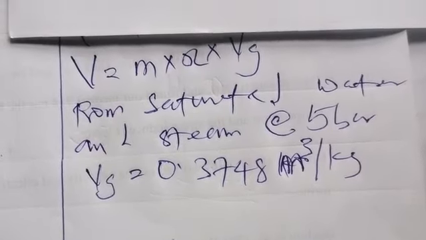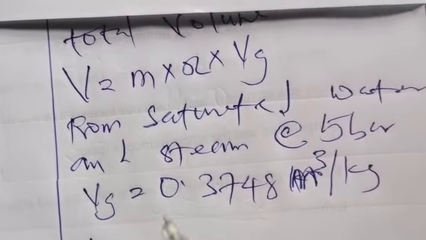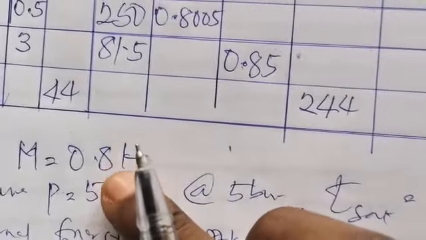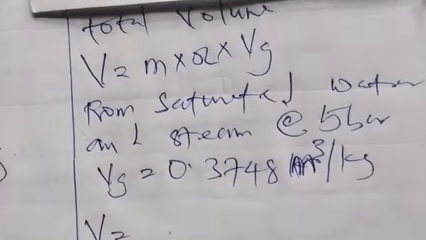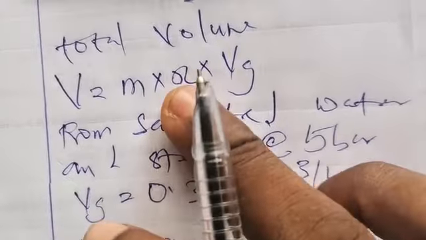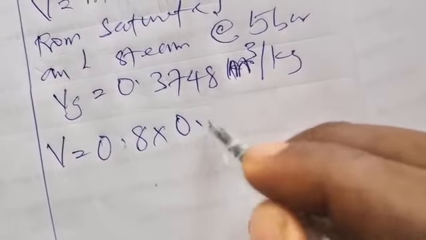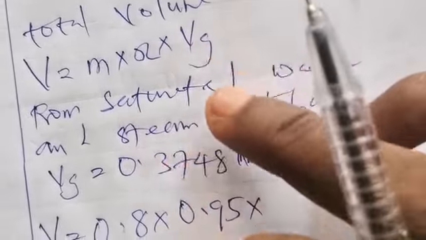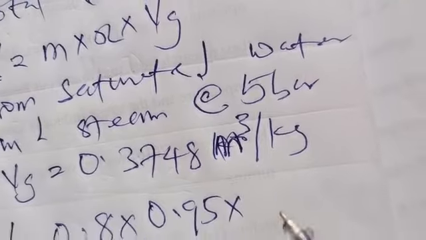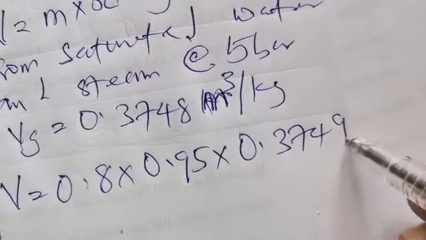Now this implies that if we employ this formula, the total volume V is equal to the mass of the fluid, which was given here as 0.8, multiplied by the dryness fraction we obtained, 0.95, multiplied by the volume of the gas at that given pressure, which is 0.3749.